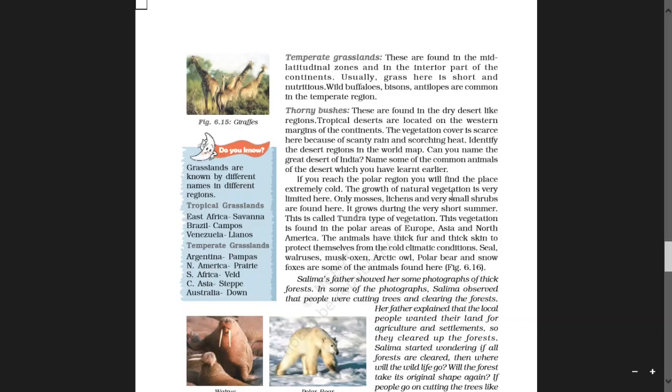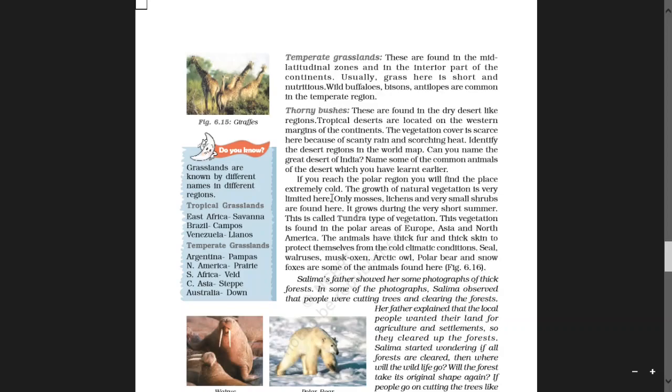If you reach the polar region, whether the North Pole or the South Pole, you will find the place extremely cold. The growth of natural vegetation is very limited in the polar area.